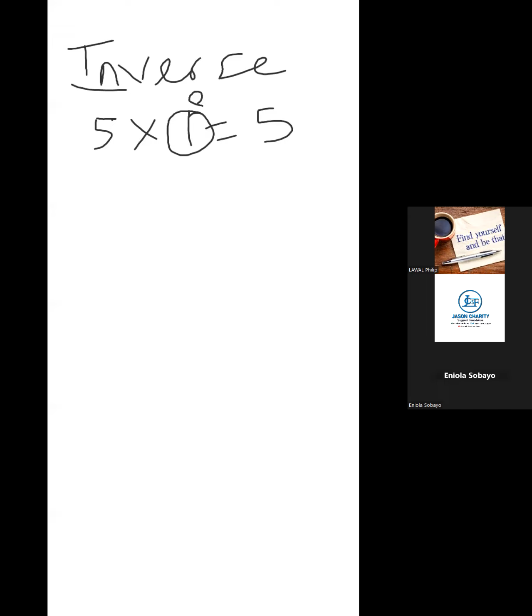Just quickly rush it. So if my identity is E, then I'm looking for something that when I multiply by 5, I will get this identity element.